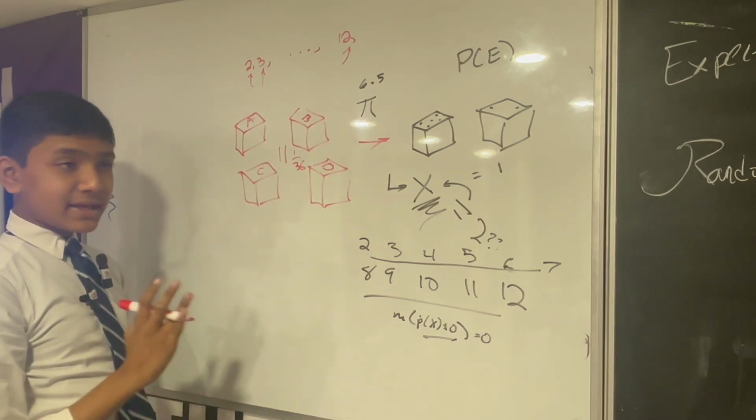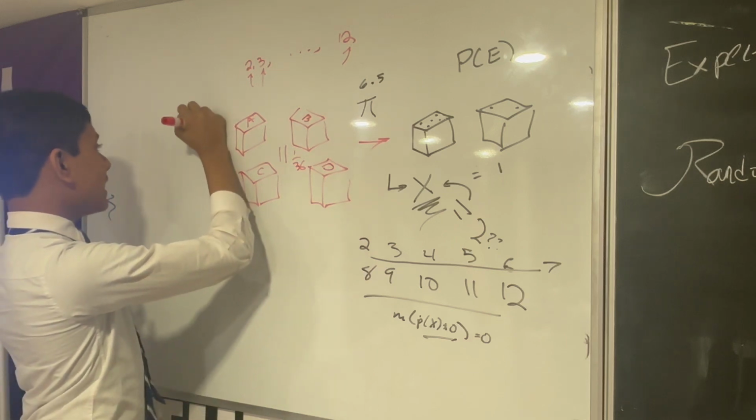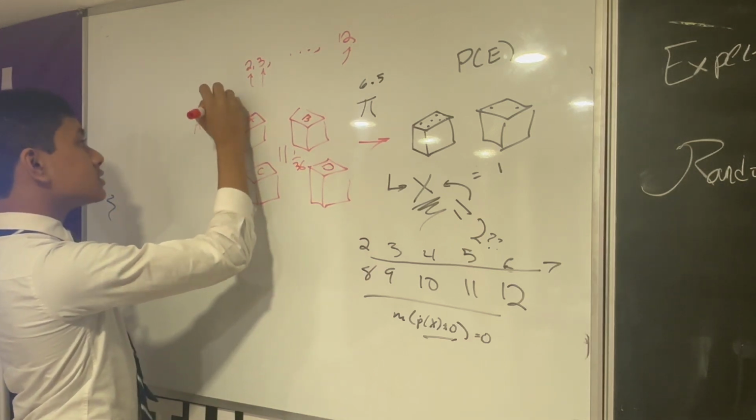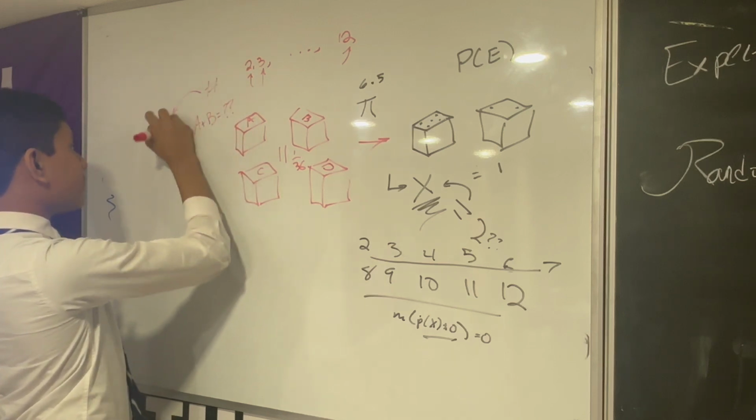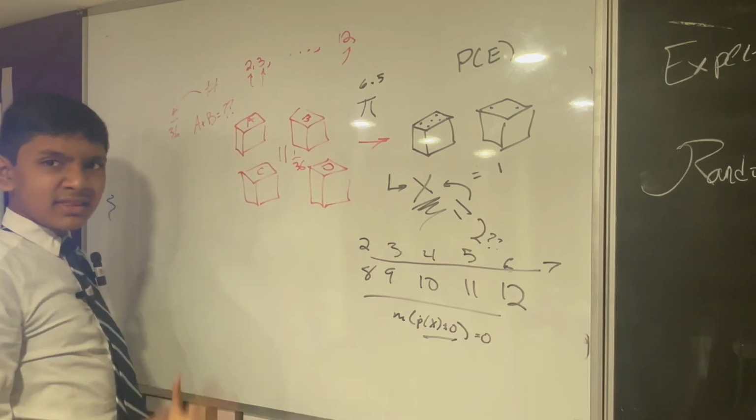So you just have to count how many ways A plus B can be equal to a certain number, and then divide that by 36.